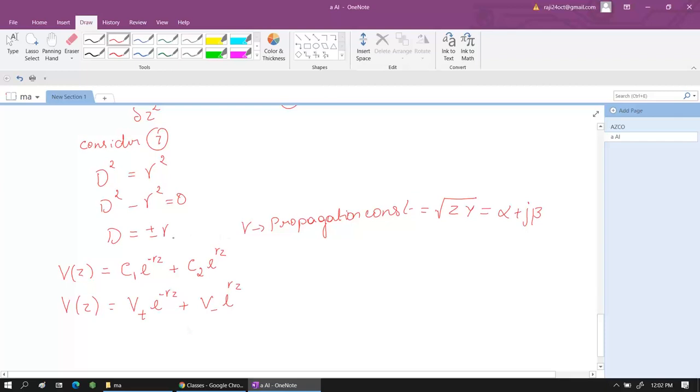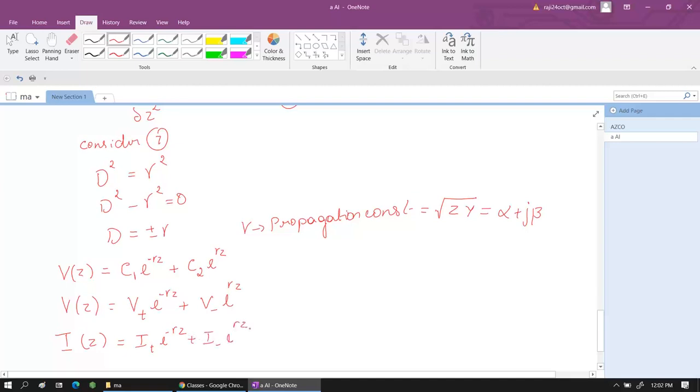I will tell you why I have taken V plus and V minus over here. I'll explain that later. Now in a similar way, I can write for my I of z. When you simplify in the same manner for the current expression, you will get it as I plus e to the power minus gamma z plus I minus e to the power gamma z.